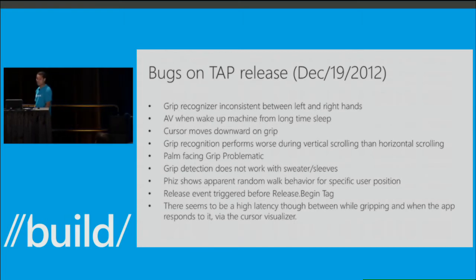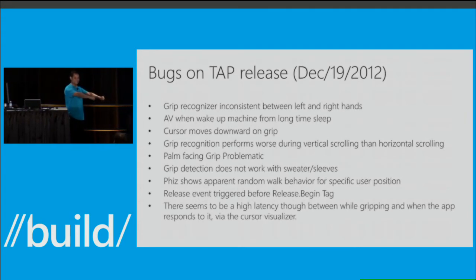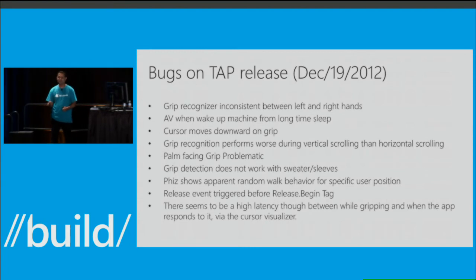Palm facing grip, problematic. For some strange reason, at that point in time, gripping this way was better than gripping with the palm facing the sensor. Grip detection does not work with sweaters and sleeves. I will not read everything, but what is it that you learn quickly just by looking at the bugs?